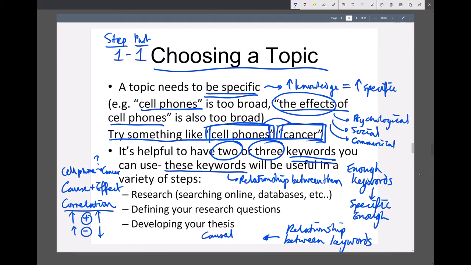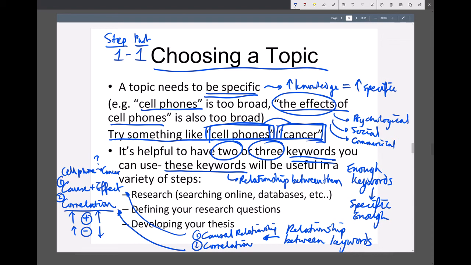Again, that's cause and effect, or a correlation. How the two keywords interact with each other.